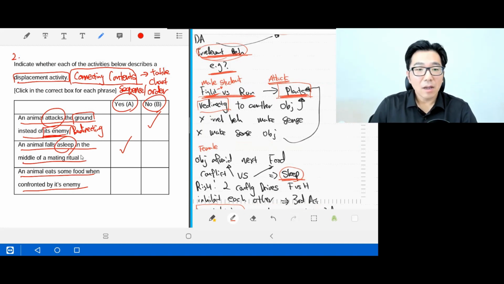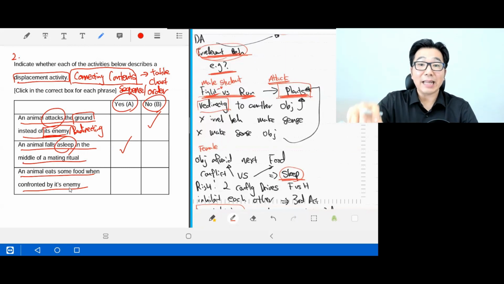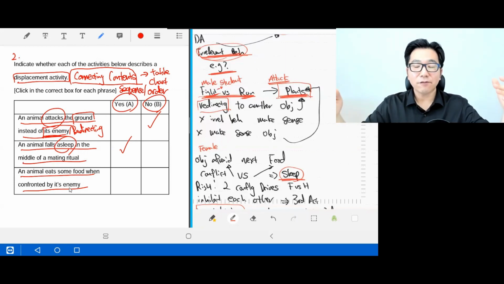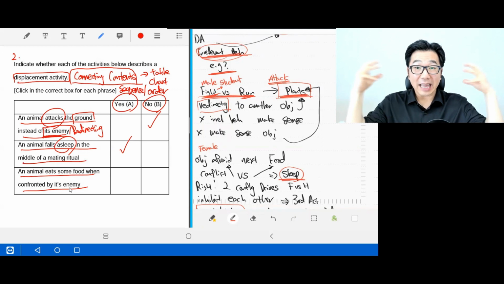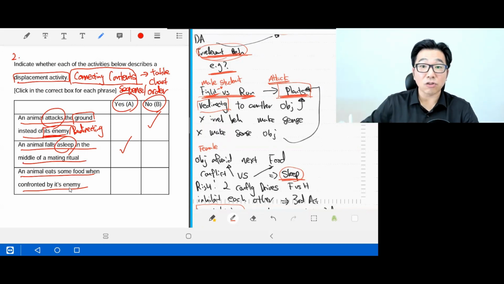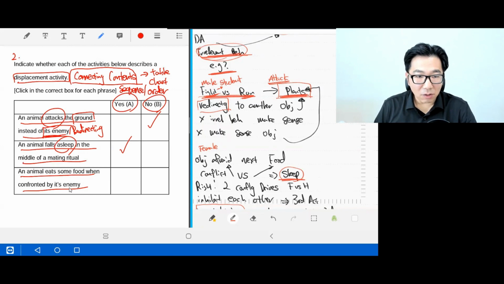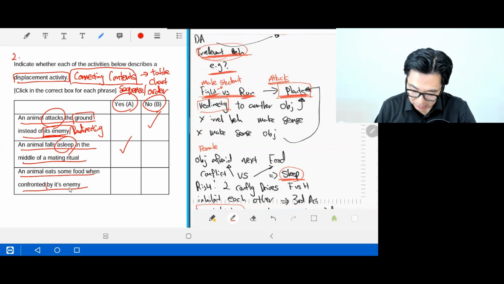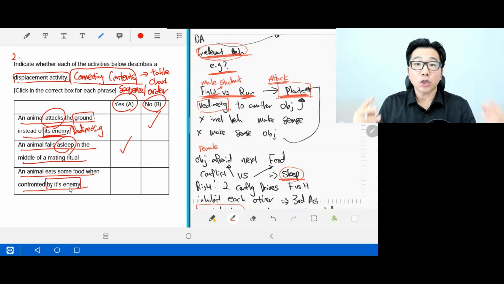Okay. C, animal eats some food when confronted by its enemy. Again, we need to understand that the notes do not give us the answer directly. We have to actually apply our understanding. According to the context of this listening passage and our notes, when an animal faces the enemy, what should be the two conflicting drives?